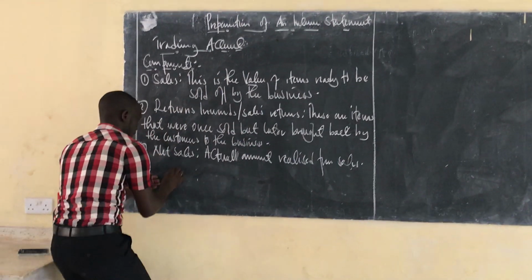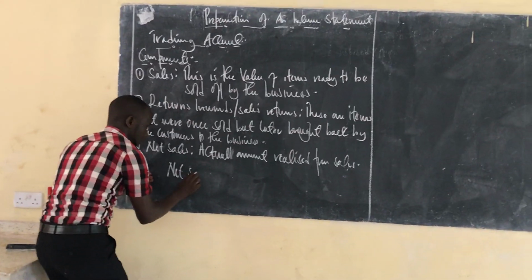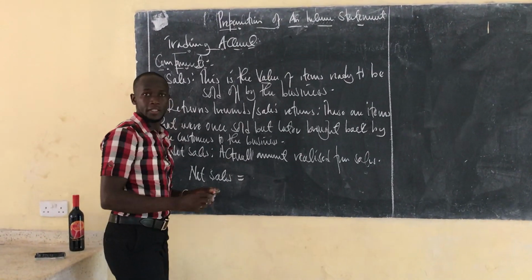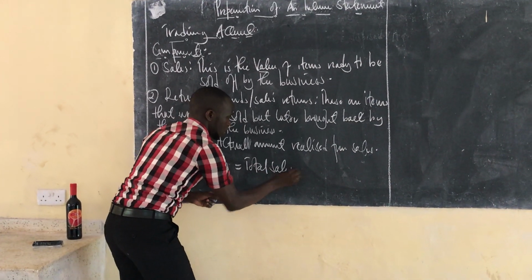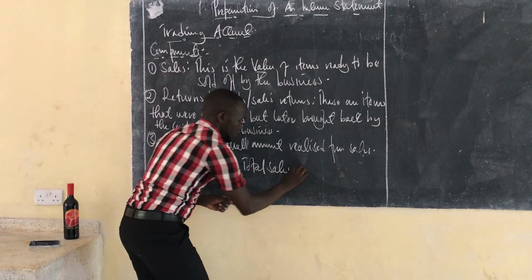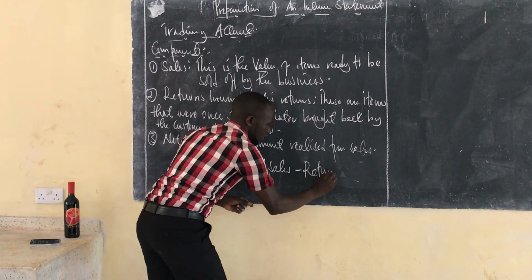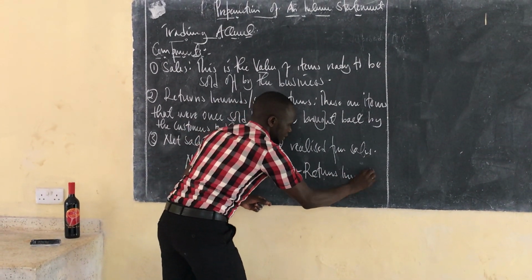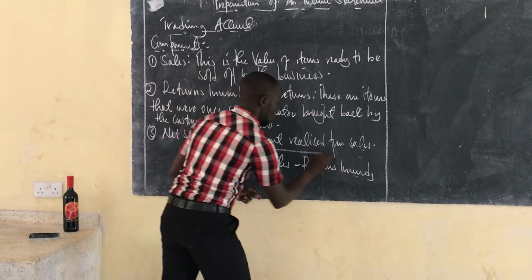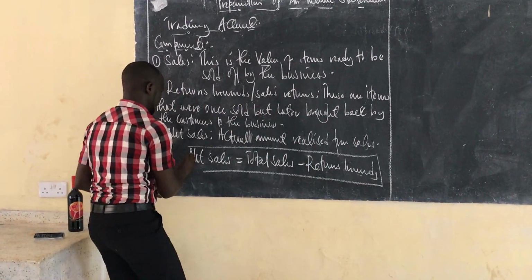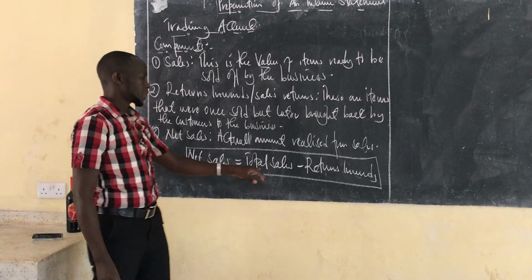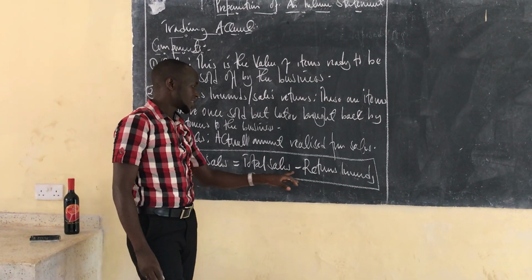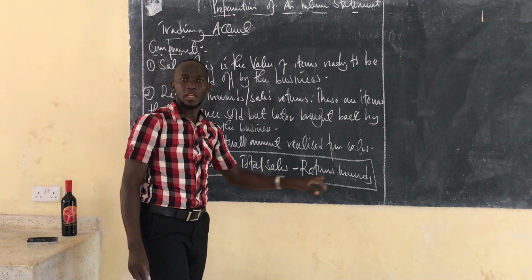So we shall say net sales now is equivalent to total sales minus returns inwards. So wherever we are told to calculate net sales, we normally get that total sales, we subtract off return inwards, all the sales returns.